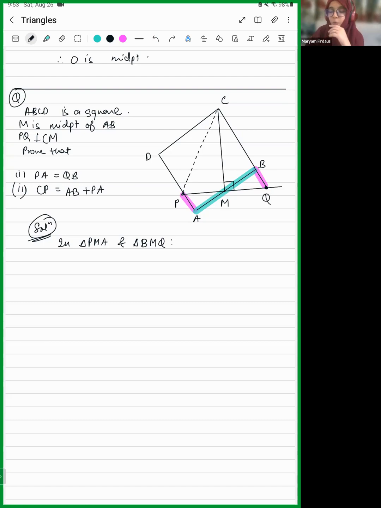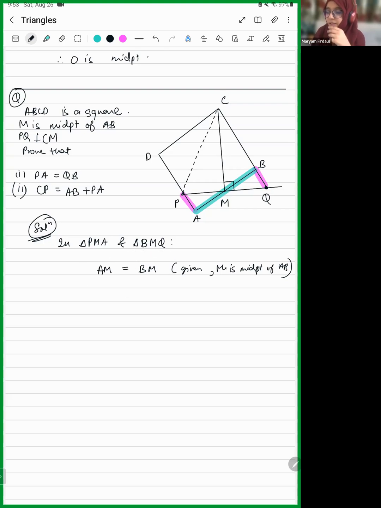But you don't have to prove that AB is a straight line, because ABCD is a square. AM equals BM is given. Why? Because M is the midpoint of AB. It's common. We have used that.